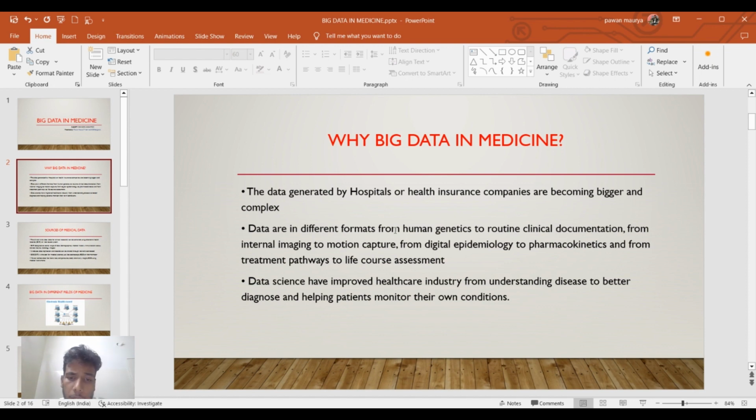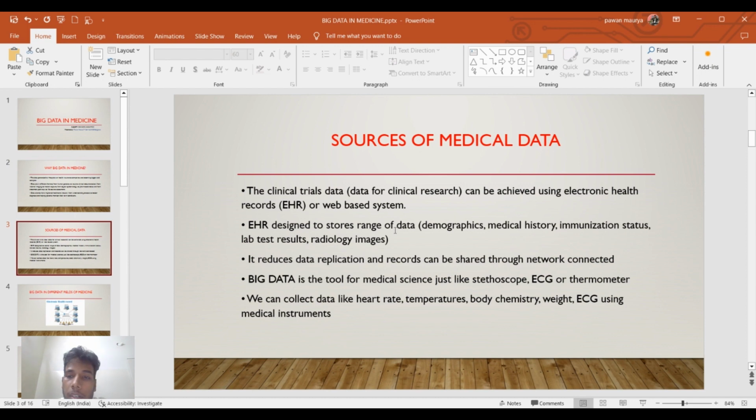Data science has improved the healthcare industry, from understanding diseases to better diagnosis and helping patients monitor their own condition.